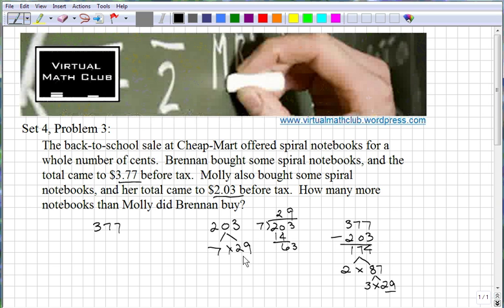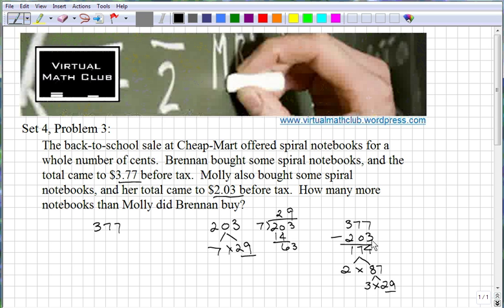So 203 is 7 times 29. Okay? And lo and behold, look at this. 29 is prime, and 29 is a common factor between the two. 7 is also prime, so it's not a factor. 2 and 3 are not factors of 7. So we found a common factor. So we know that has to be the price per notebook. And so then we could look over here.